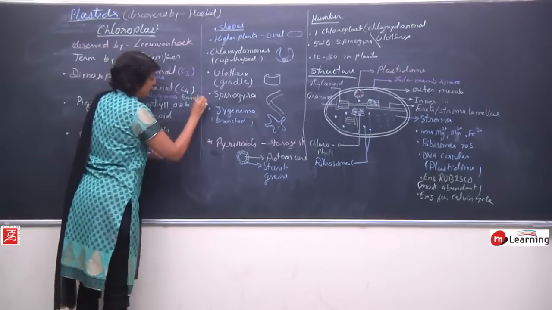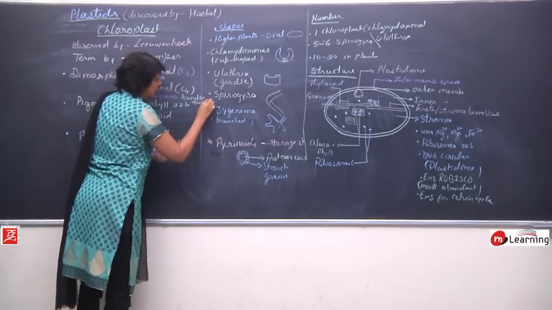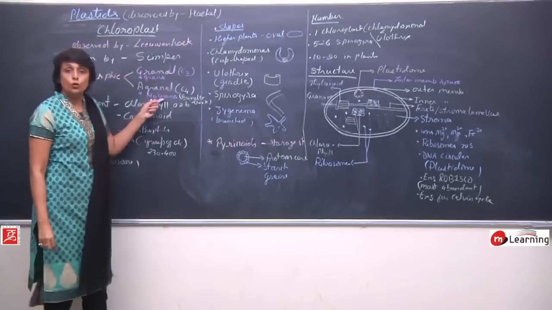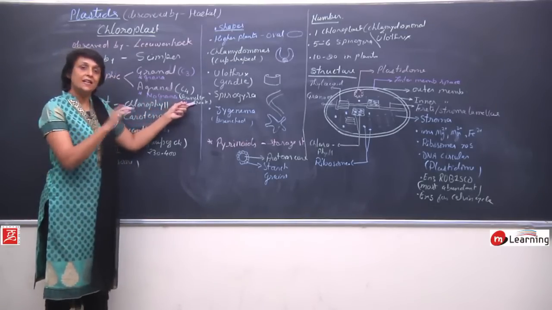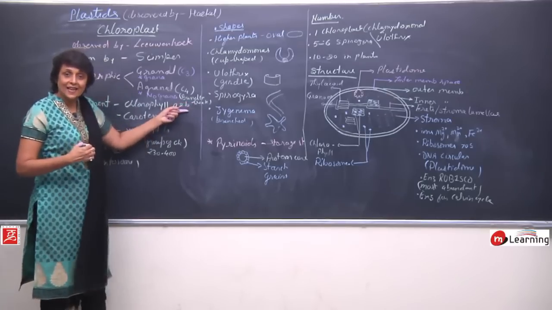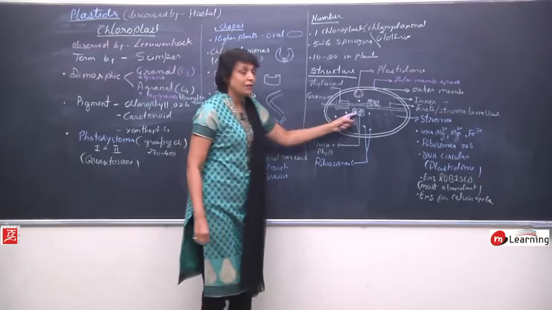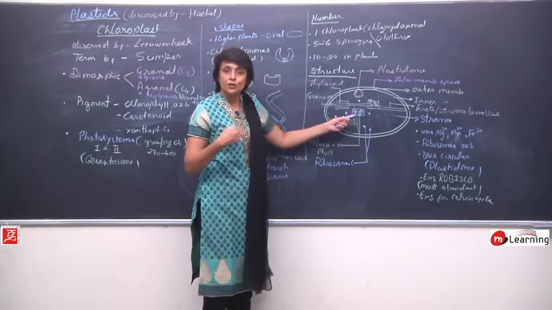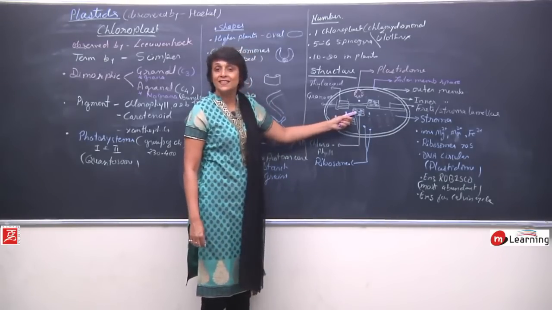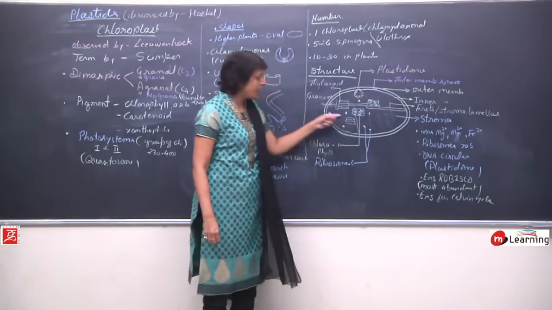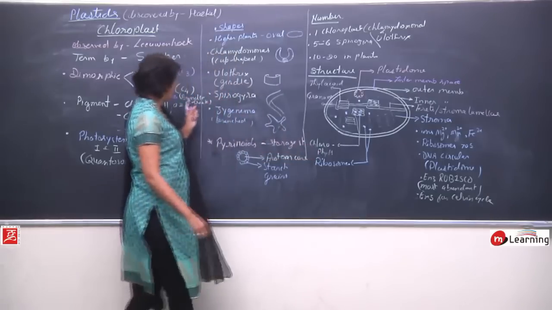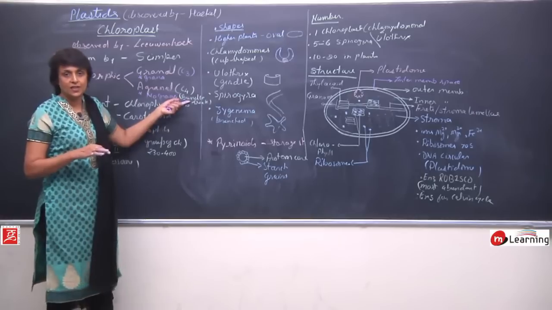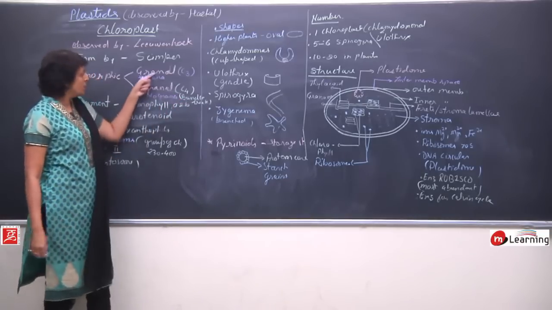Bundle sheath cells have chloroplast without grana. Reason: in these cells, light reaction does not take place, only dark reaction takes place. Grana have the pigment chlorophyll which is required for capturing of light, so they would be participating in light reaction. And stroma has all the enzymes which are required for Calvin cycle or dark reaction. So in these cells only dark reaction takes place. So there are two types, granule and agranule chloroplast.